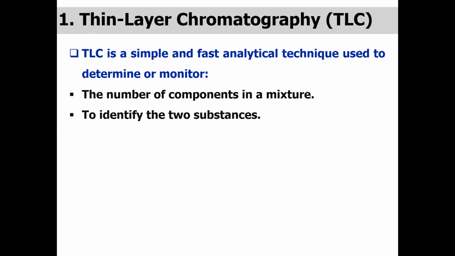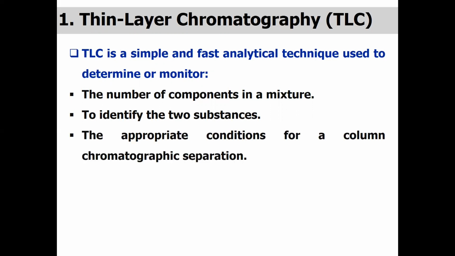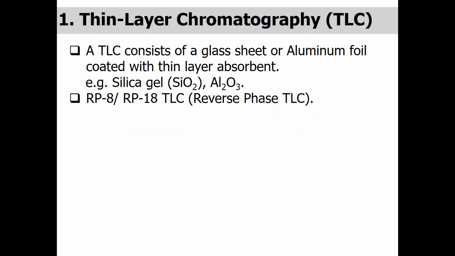It is also used to identify two substances, and it is also used to monitor the appropriate conditions for a column chromatographic separation. And during some synthetic organic chemistry, we use TLC to monitor the progress of a reaction. These are some very important functions of a TLC.